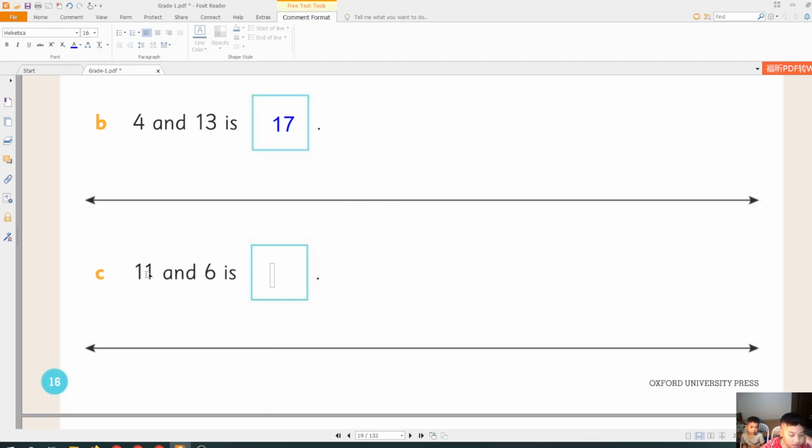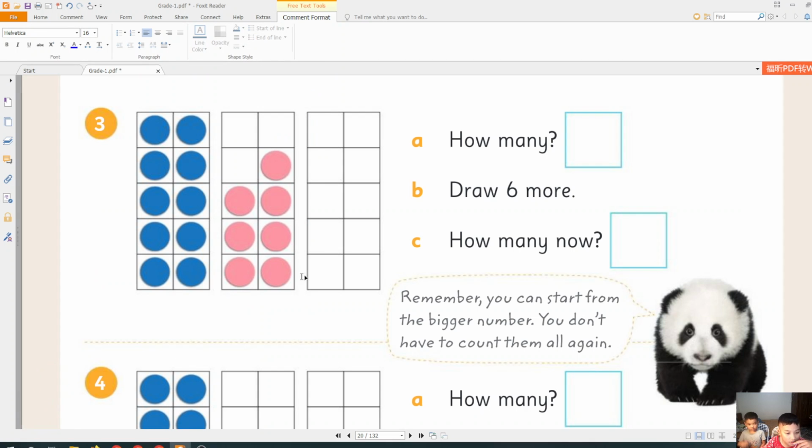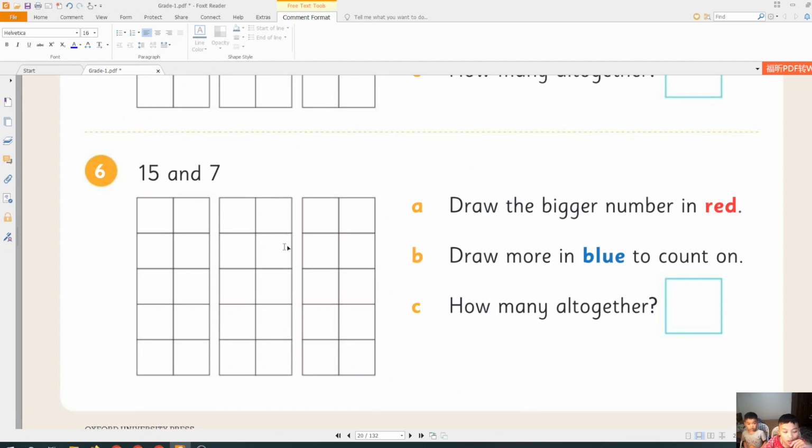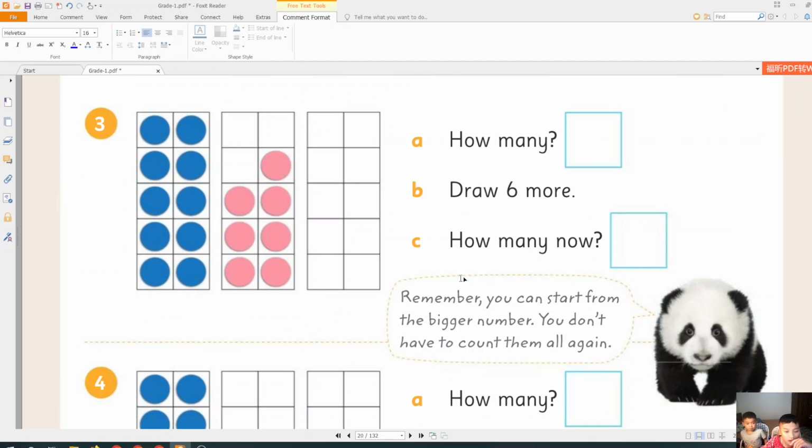Next is 11 plus 6 is, let's count. 11, 12, 13, 14, 15, 16, 17. Our correct answer is 17. There is no 18 here. Oh, this is our next exercise.